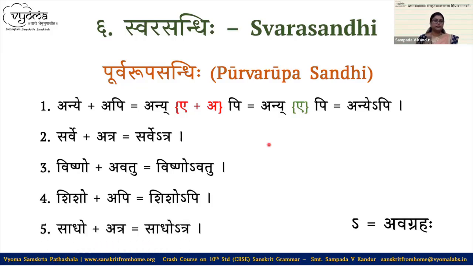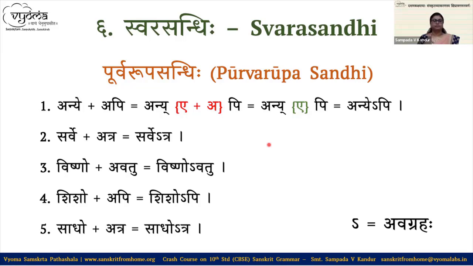So who will read this? Who has not read? Pragnya, you read just now. I want someone new. Today's class, who didn't read? Yes, Nikhil. Come on, read. Anye plus api, anyepi.